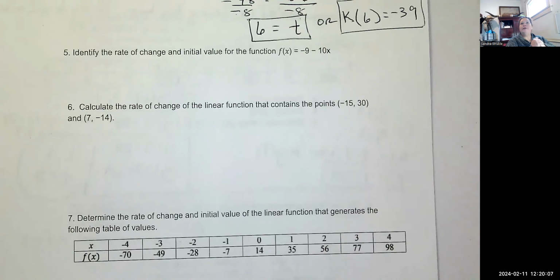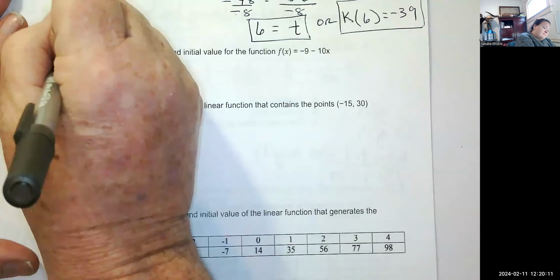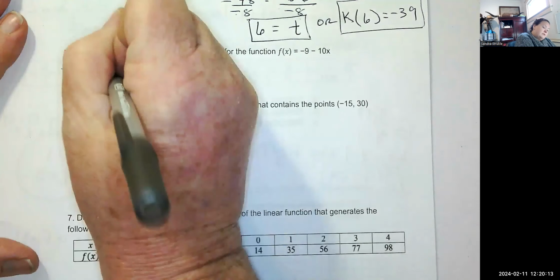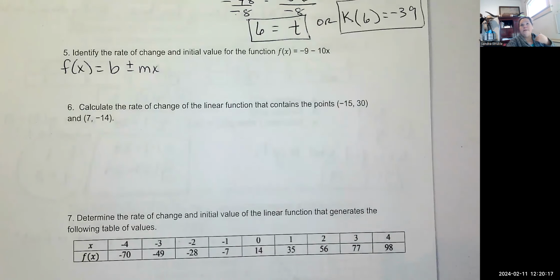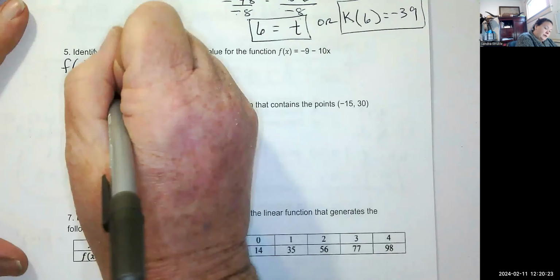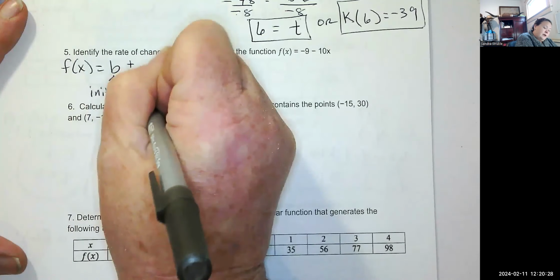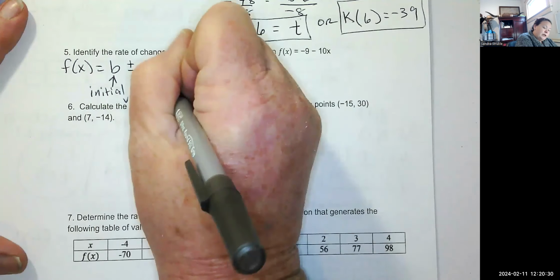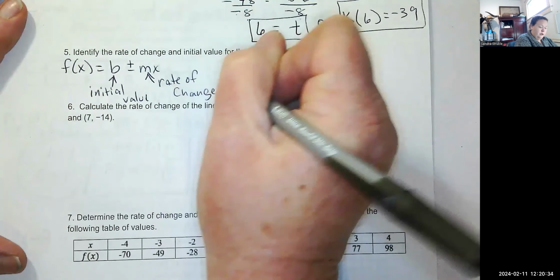Identify the rate of change and initial value of this function. So when we're looking at a function, f of x is, remember I said it's b plus or minus mx, where b is the initial value and m is the rate of change or the slope. So b is your initial value and m is your rate of change, constant rate of change, or slope.